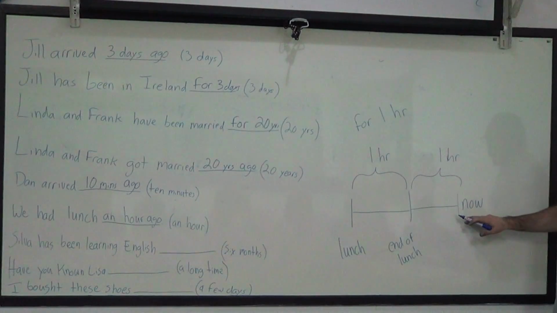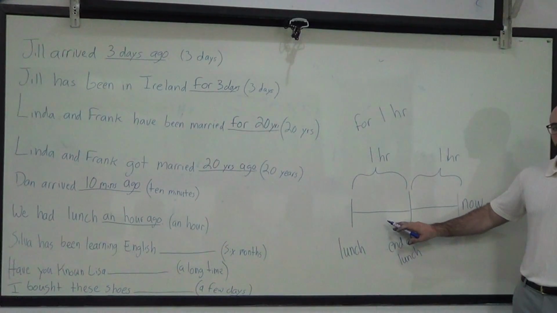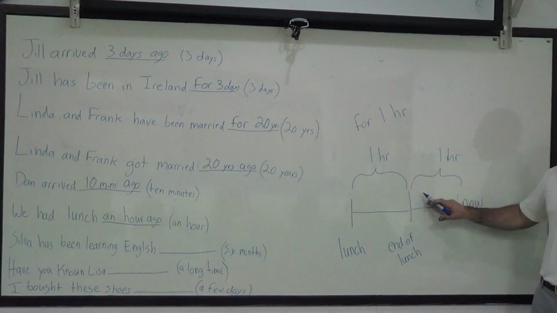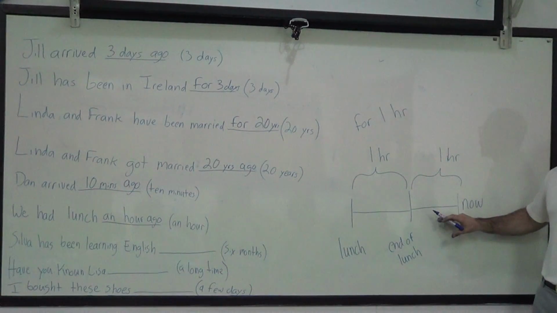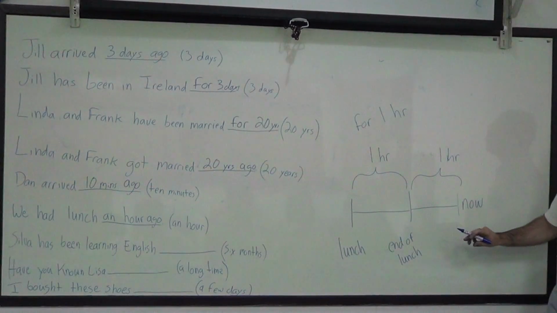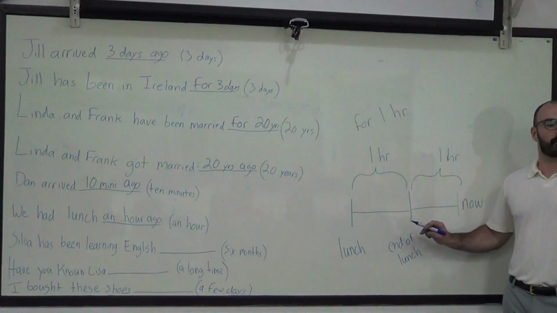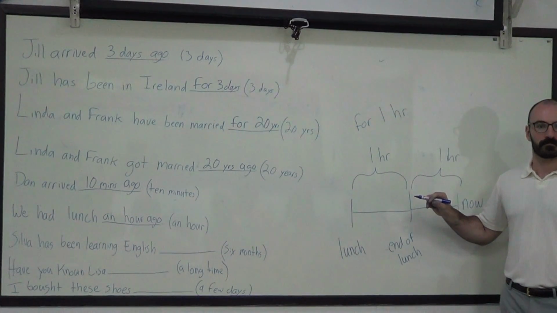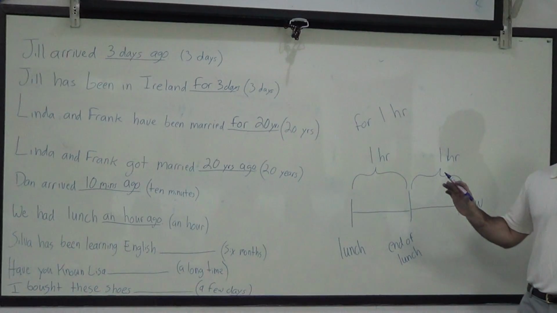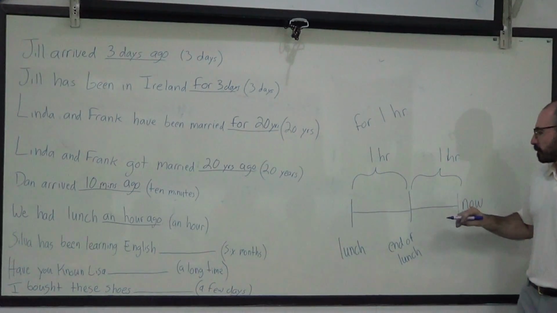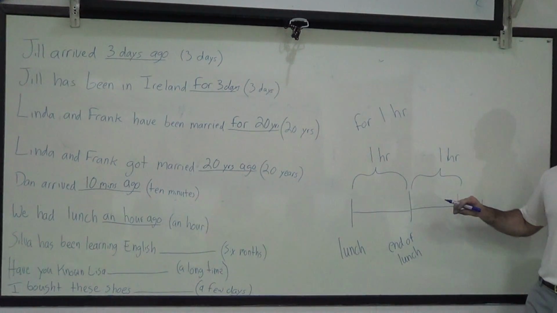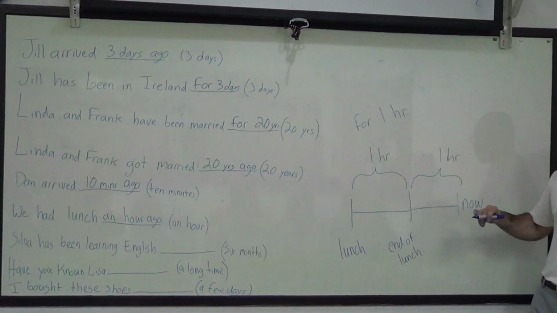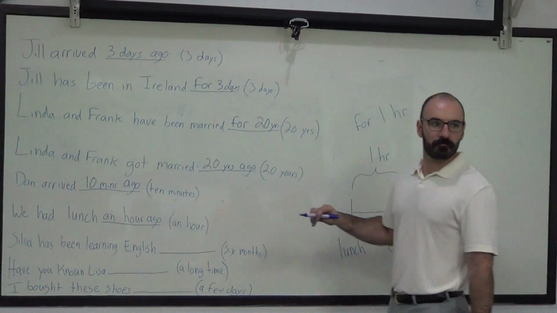If this is now, and lunch was an hour ago, this period of time is also an hour. So we had lunch 1 hour ago. You could say, we had lunch 1 hour ago for 1 hour. But it's not important to say for how long, because it's asking when. So an hour ago, an hour in the past.